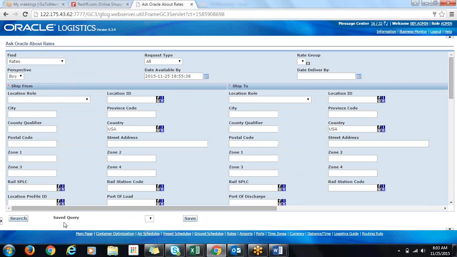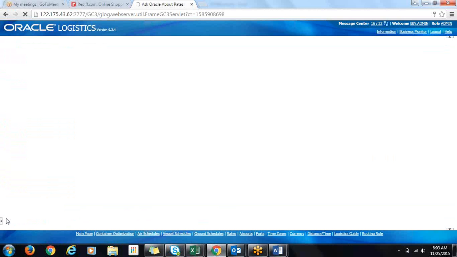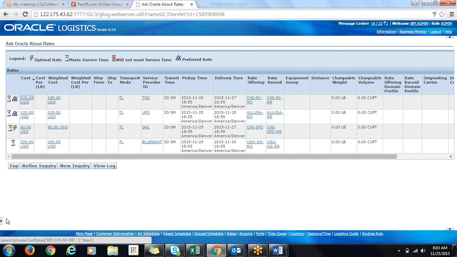If I'm shipping to Tampa, he will say go with DHL. And if I'm shipping to Durham, he might say go with Conway. These details I will capture in my order management system because he has better rates.